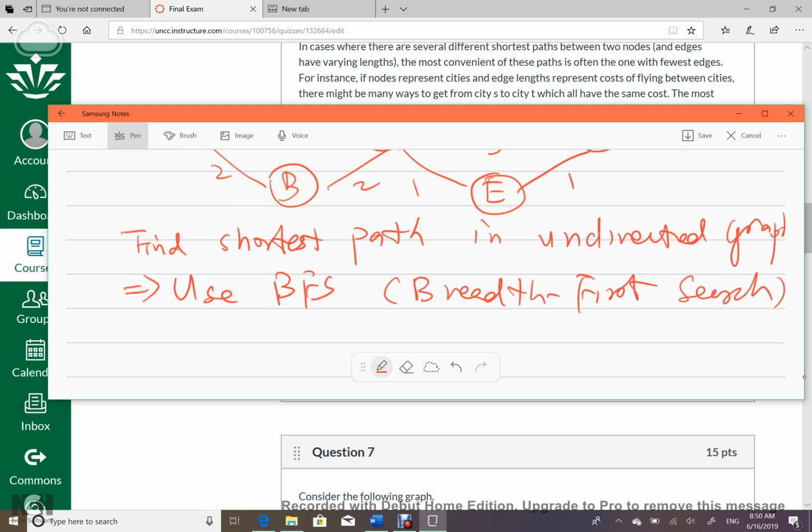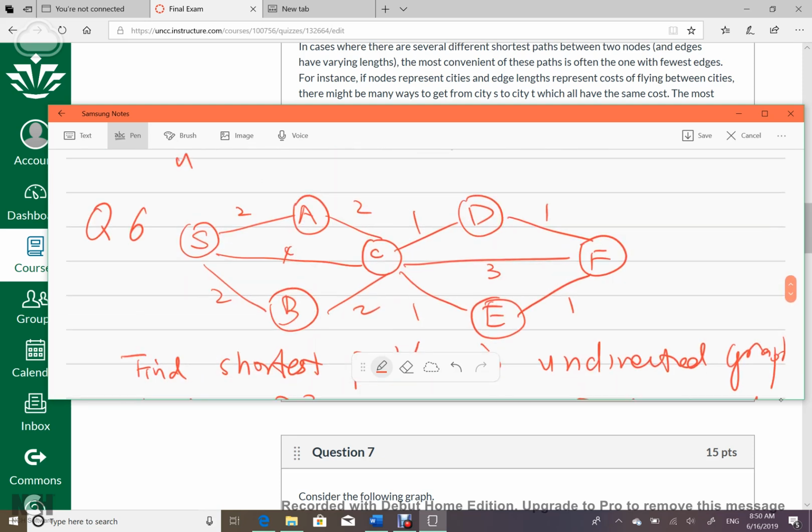This we need to have. And BFS corresponds to, you start from S, you list all these vertices, right? And you put them in the queue. And then after that, you continue to check.